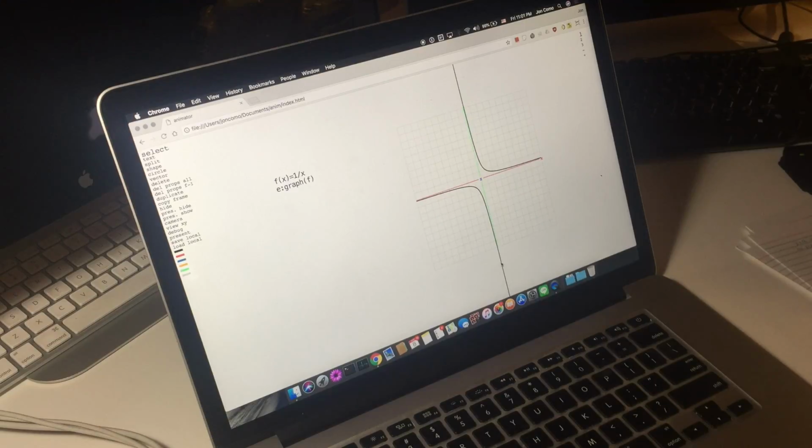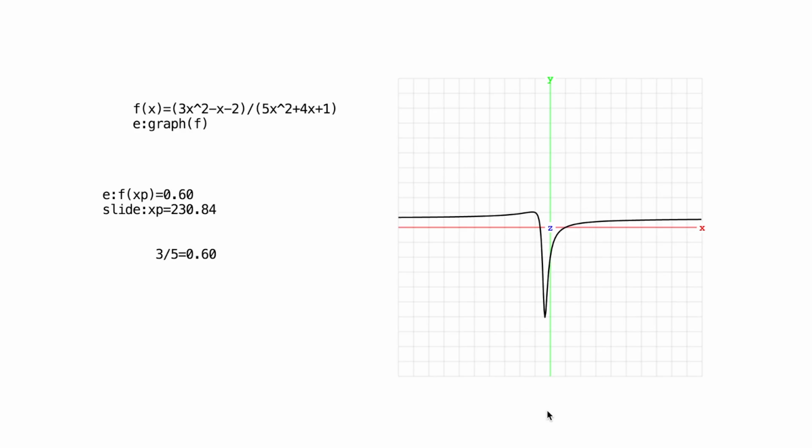So remember our function we had before? With this guy, we have a horizontal asymptote of 3 over 5, because as x goes to infinity, as I make this test point x really, really large, the output of the function just gets closer and closer to 0.6.